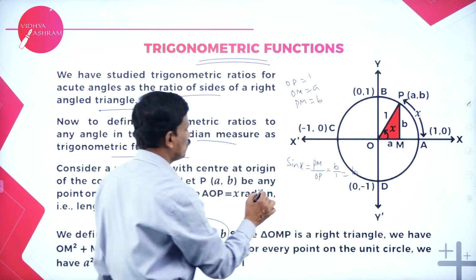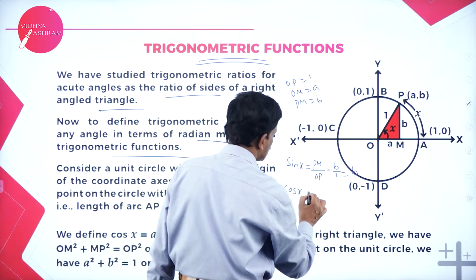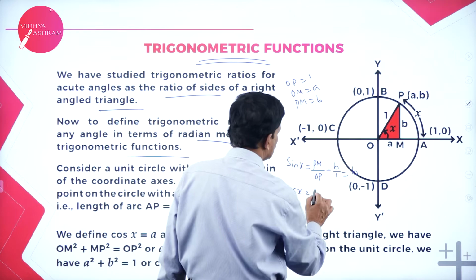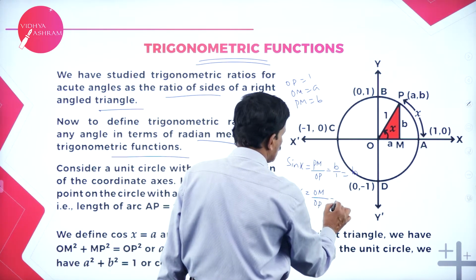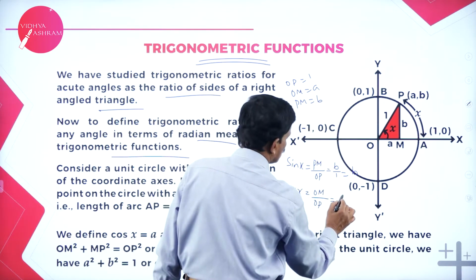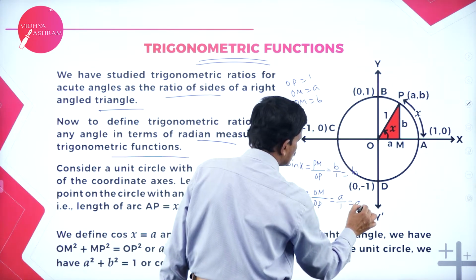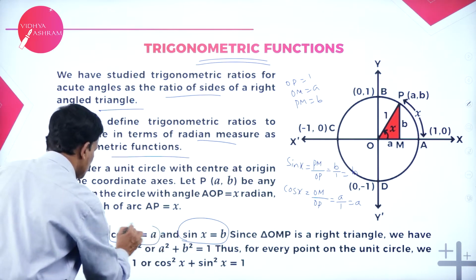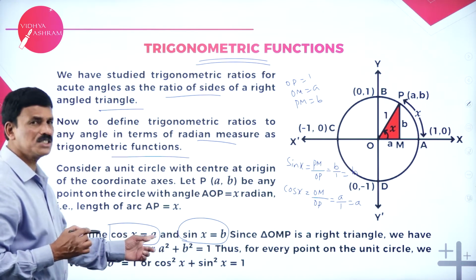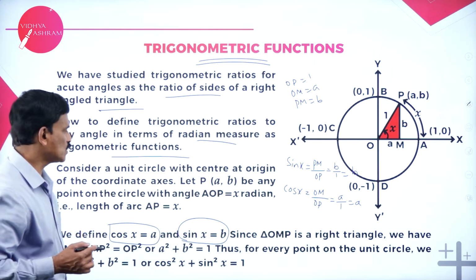And similarly, to find cos x is equal to adjacent, adjacent is OM, divided by hypotenuse, which is OP. What is OM? OM is equal to small a, hypotenuse is 1, this is equal to small a. So cos x is equal to a. So we can define cos x is equal to a and sin x is equal to b.